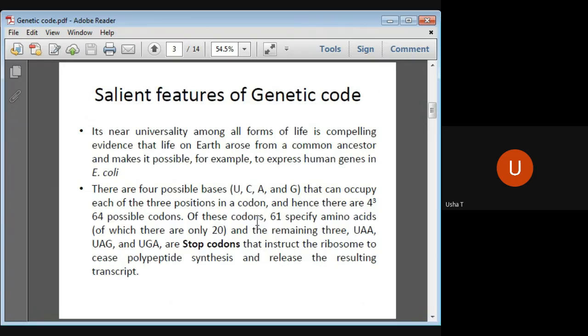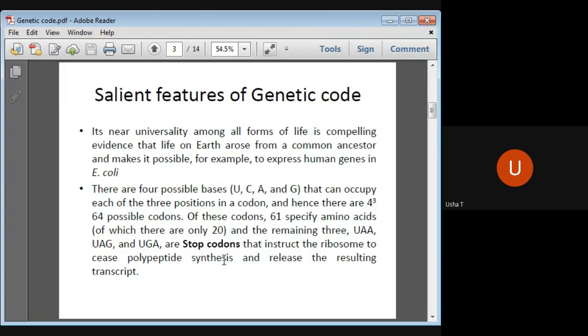Of these codons, that is of the 64 codons, 61 specify amino acids. That is, 61 of them code for 20 amino acids, which I showed you in the table. And the remaining three are called stop codons, that is UAA, UAG, and UGA.